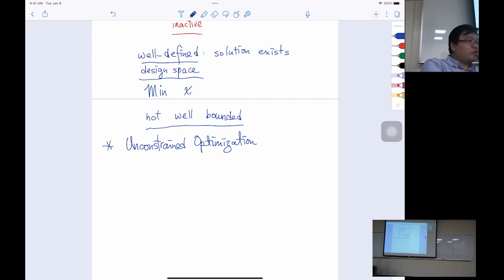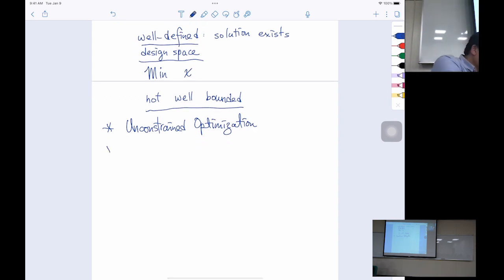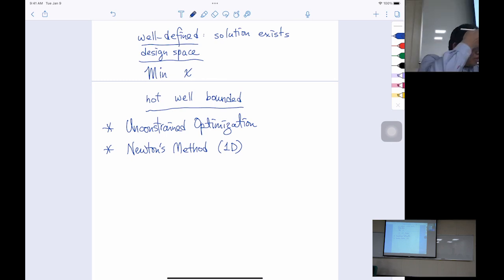And today I'm going to introduce a method called Newton's method. And I'm going to start with a 1D approach, basically one dimensional, one variable. Okay?